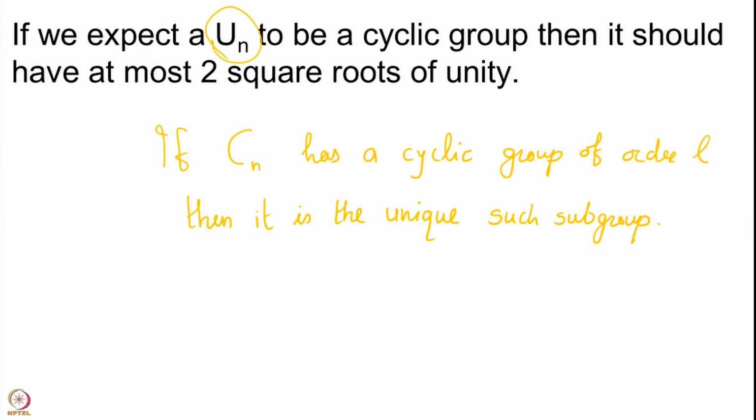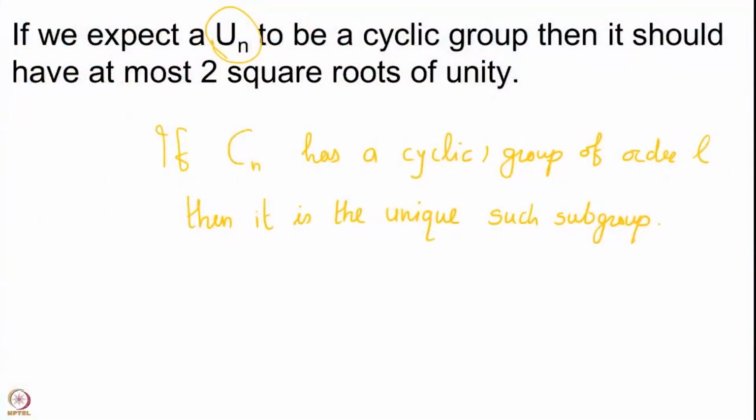Meaning, if I take a cyclic group of order n, here that was Cn, then first of all for every divisor of n there is a cyclic subgroup of that order. But suppose we have a cyclic subgroup of Cn of order L, then there is only one such subgroup. You cannot have more than one such subgroups.